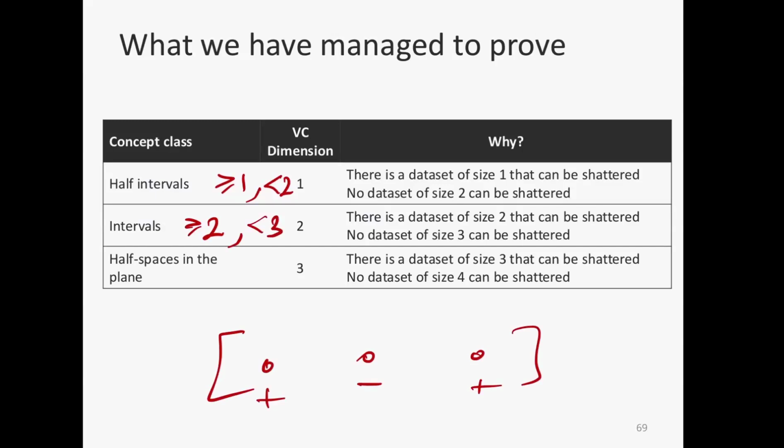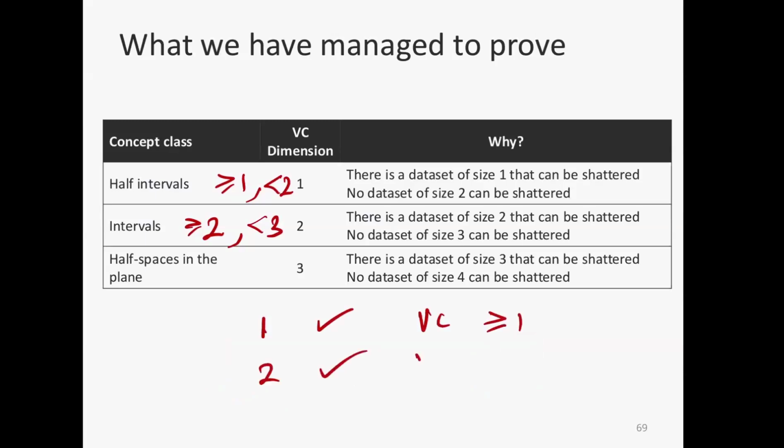With half spaces in a plane, that is linear classifiers in 2 dimensions, that one's more interesting. Let's enumerate. Any one point can be shattered, so VC of that hypothesis space is greater than or equal to 1. Any 2 points can be shattered, so VC is greater than or equal to 2.